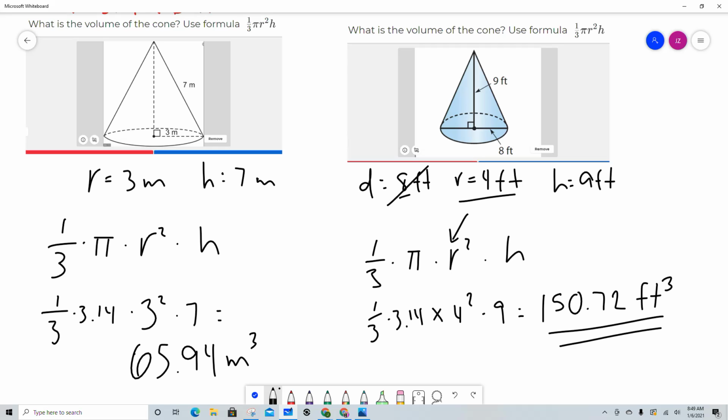So volume is going to have that little 3 right here, because we use little cubic units to find out how much is being taken up inside of a cone and how much is being taken up inside of a cylinder. Okay.